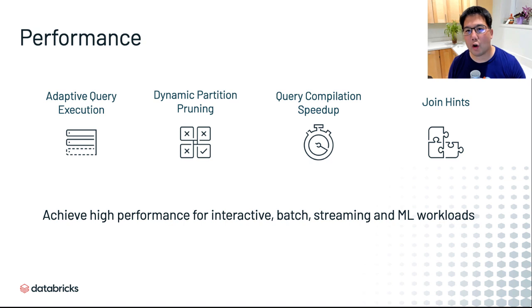And Spark 3.0 also greatly reduces the overhead of query compilation by more than half, in support of a complete set of join hints. So we're actually going to focus primarily on AQE, dynamic partition pruning, and the join hints, because those are the key things. It's not to say query compilation speedup isn't interesting. It's just more a matter that it's relatively straightforward in comparison, okay?